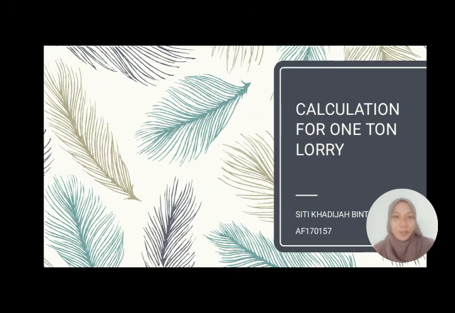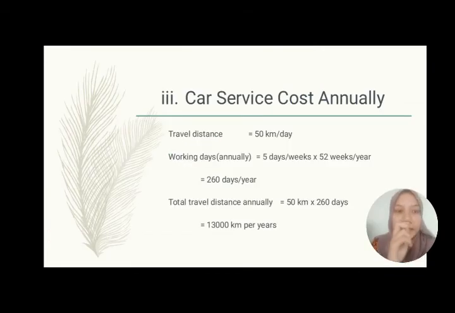Assalamualaikum warahmatullahi wabarakatuh. My name is Siti Khadijah and now I will present the calculation for the one-ton lorry. For the lorry service cost annually, the distance travelled is 50 km per day and our working days are 5 days per week for 52 weeks per year, a total of 260 days per year.